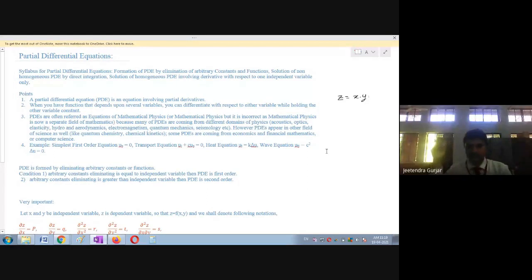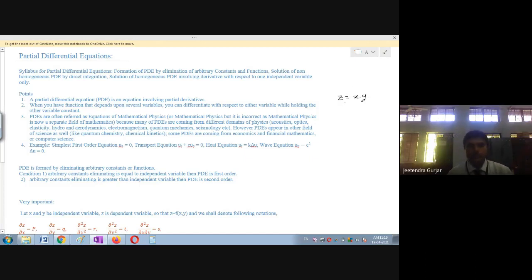Now see here, everyone. What we were discussing about partial differential equations, that suppose z is given, right? z is equal to x into y is given. Ordinary differentiation you have done already. That is, you used to take this as product of two functions, so u into v, then you take u, differentiate v, plus v you keep, then differentiate u.